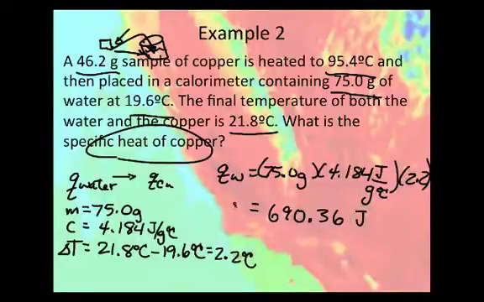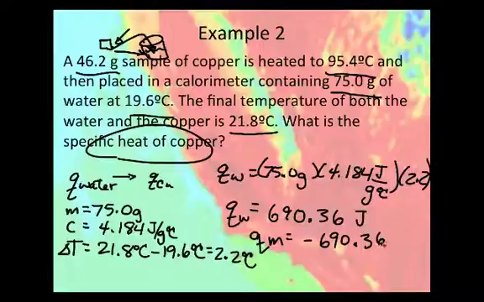This means that the water absorbed 690 joules of heat when the metal cooled off. So the amount of heat that was lost by the metal is the same magnitude. But since it lost that same amount of heat, I have to put a negative sign here, right? They're equal in magnitude but opposite in direction for the transfer of heat.